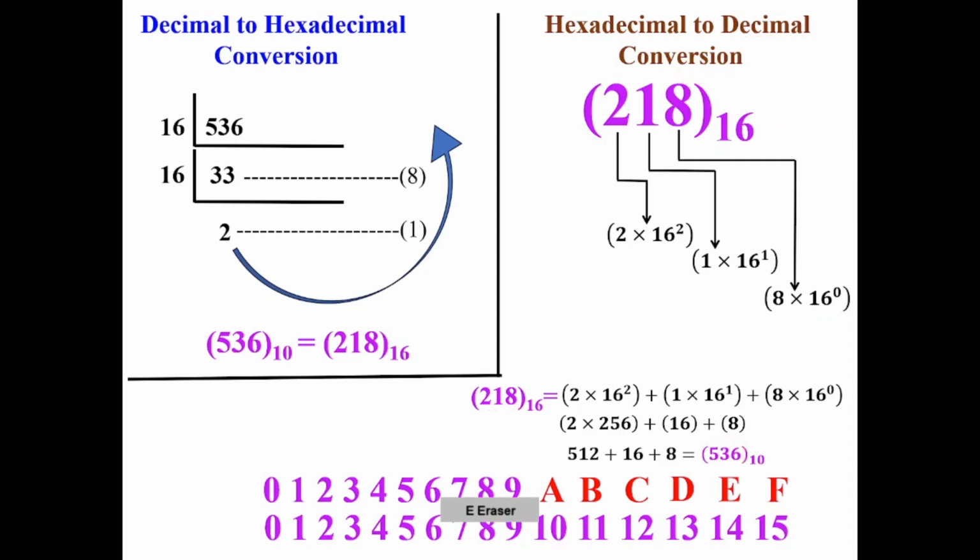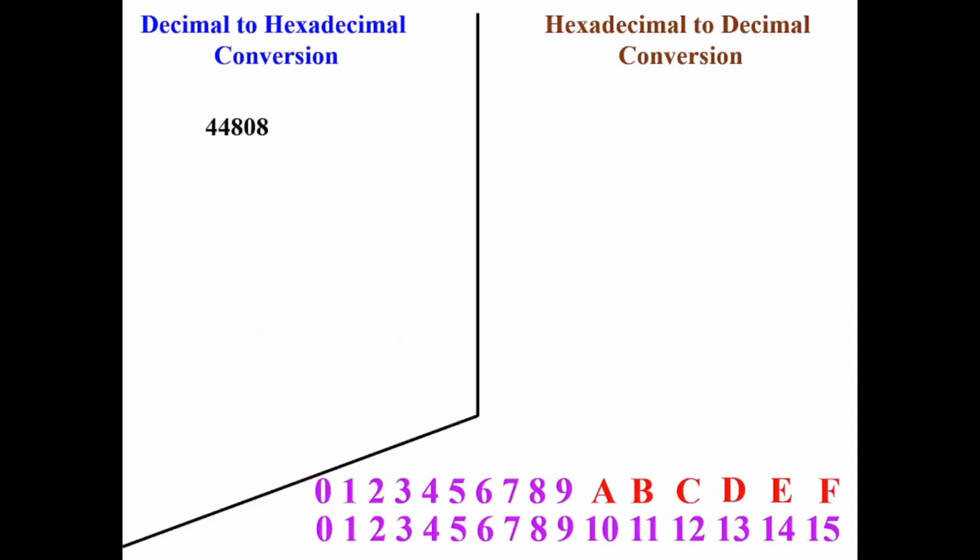Now we go for another decimal number, that is 44,808. We are going to convert this decimal to hexadecimal, so we divide it by 16. We get 2800 as quotient and the remainder is 8.